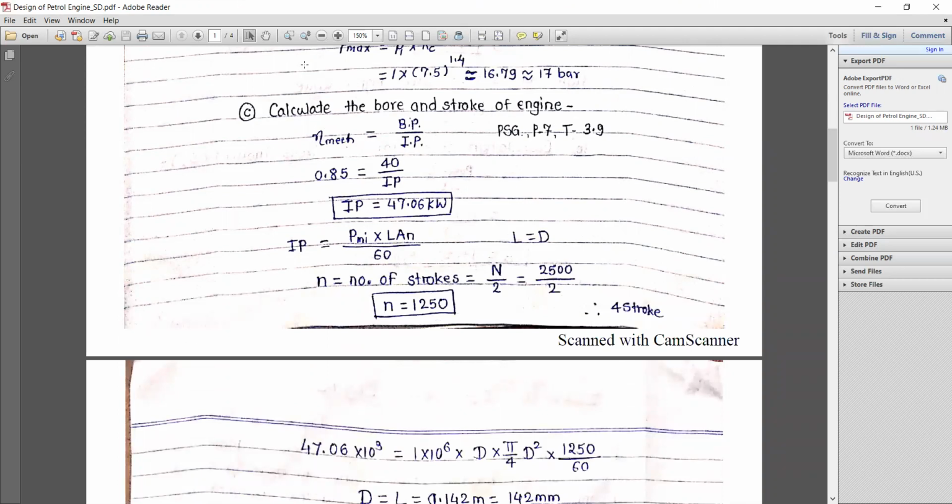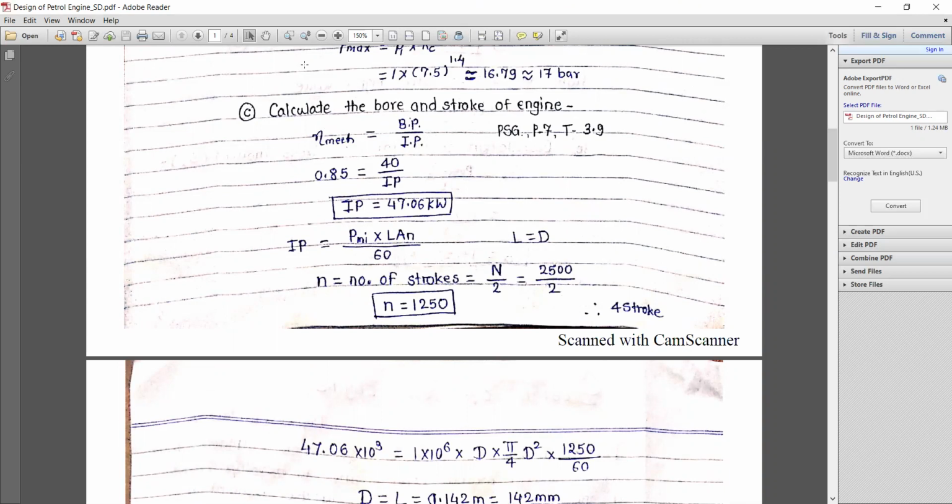Now calculating the bore and stroke dimensions: mechanical efficiency is brake power divided by indicated power. Mechanical efficiency is 85% and brake power is 40 kilowatt, so we can find the indicated power, that is 47.06 kilowatt.